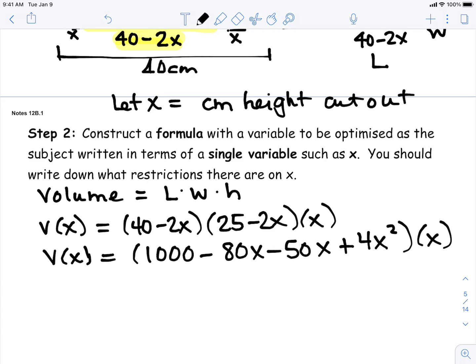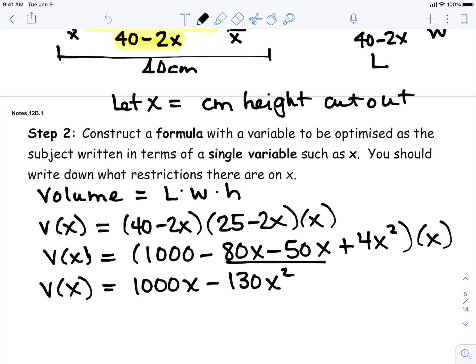Then what we have to do is we have to distribute that X into all four terms. So our equation for our function is 1000X minus 130X squared. How I did that is combine those two middle terms that are alike, and then plus 4X cubed.